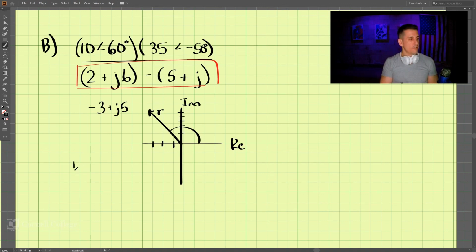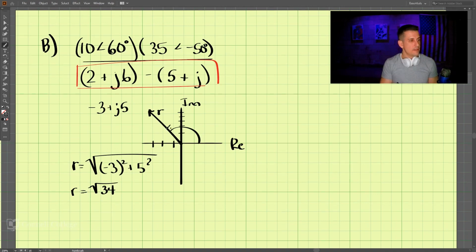So R is going to be equal to the square root of negative 3 squared plus 5 squared. That's 9 and 25, and that is the square root of 34. So R, this value, is square root of 34.